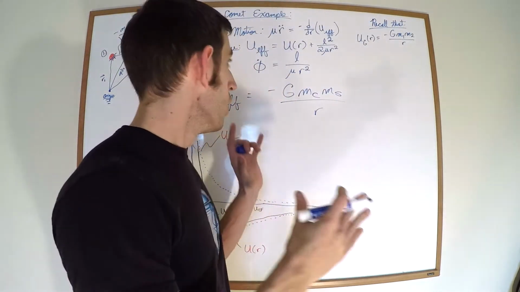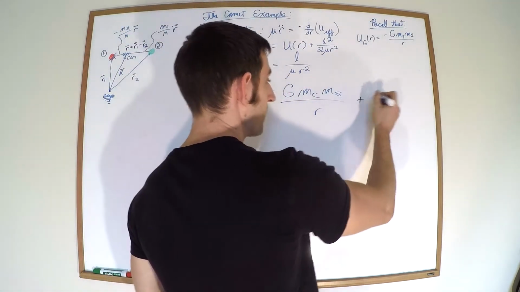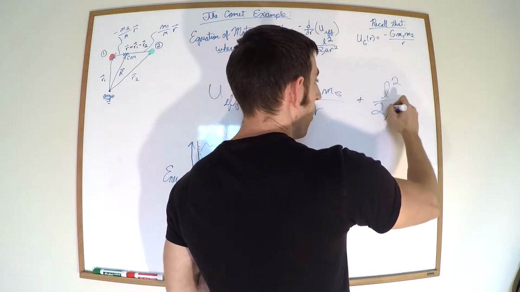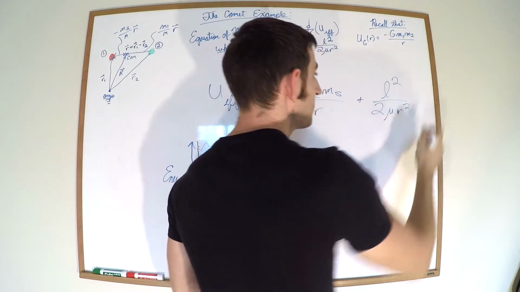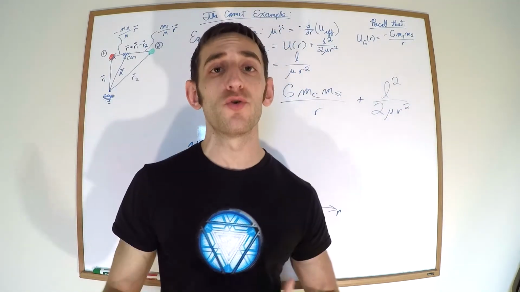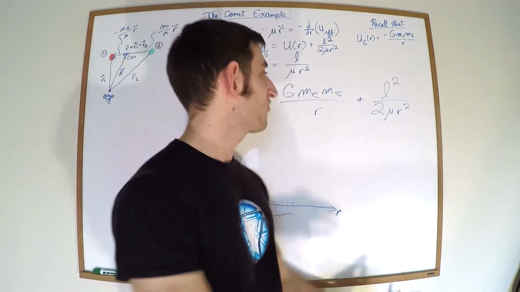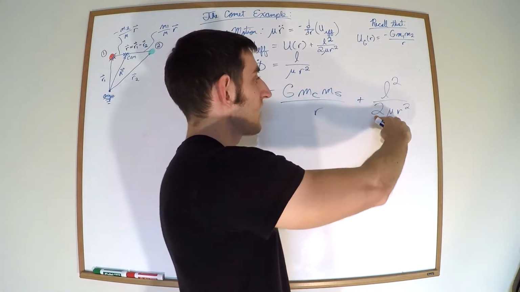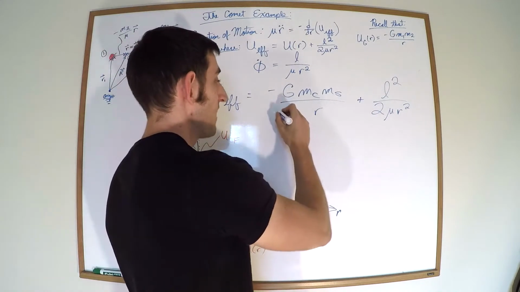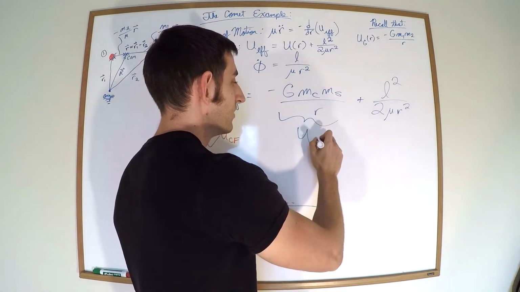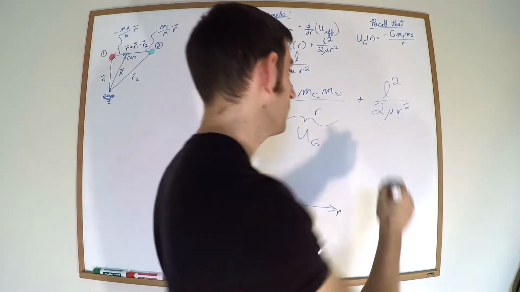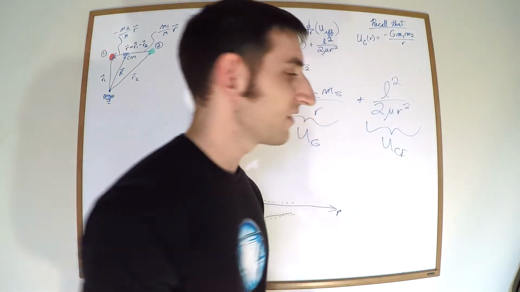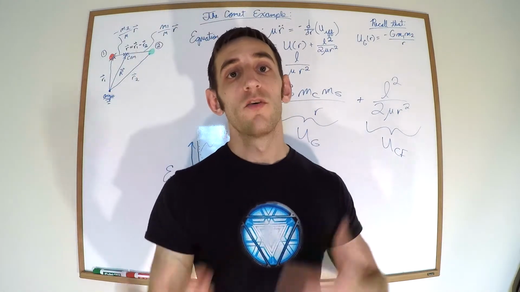So, with that in hand, we have to write down the angular momentum component. What does this tell us? It tells us that the graph is going to have two contributions. There's going to be a contribution from the gravitation, and there's also going to be a contribution from the angular momentum term. I'm going to call this U sub g for the gravitational contribution, and I'm going to call this U sub CF, basically the contribution from the centrifugal force.